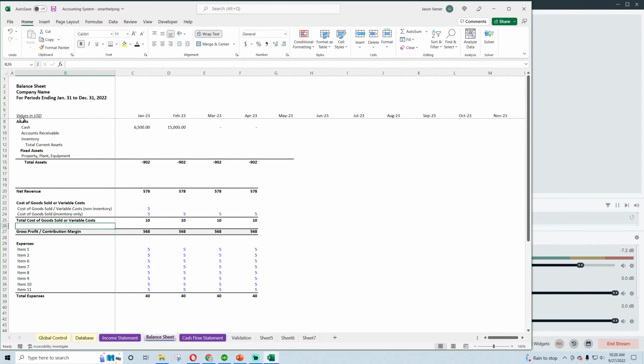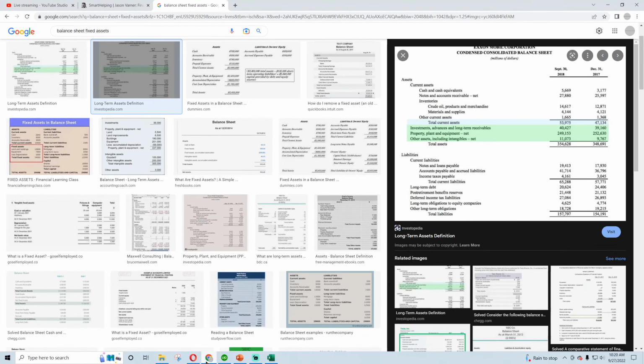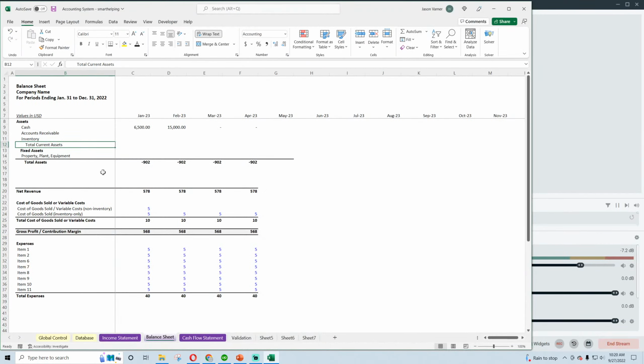Okay, now something looks off here. So these are good. Where do we want to put this grid line? Trying to make this look super professional.